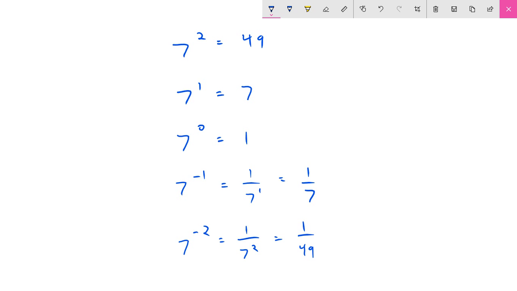Or you can also see that, look, positive 1 exponent is 7, right? Negative 1 as the exponent is 1 over 7. Positive 2 was 49, right? Negative 2 exponent was 1 over 49, okay? So that's kind of the relationship between the positive and the negative exponents, all right? So you need to know this in order to graph exponential functions. So now we can start.